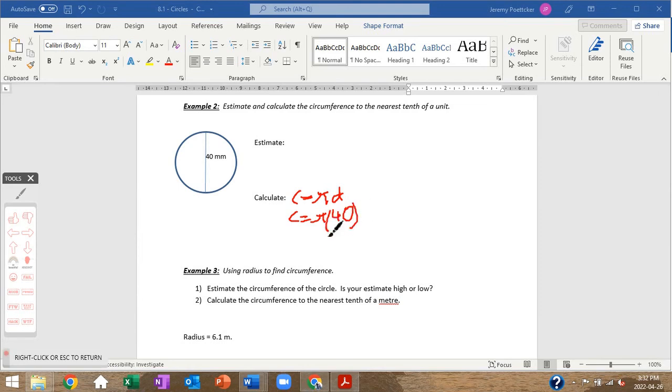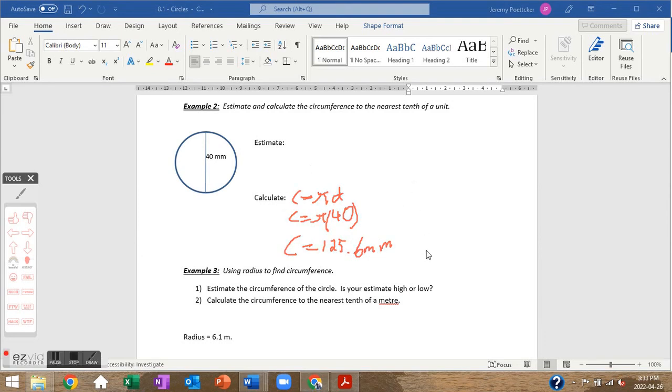It's going to be millimeters. And pi times 40 is going to be 125.6 millimeters. All right. So pretty close to that 120 we came up with.